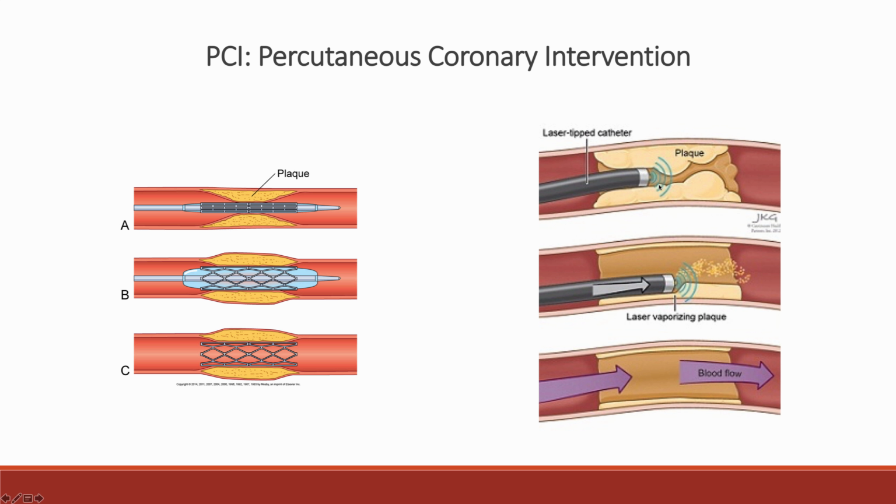The other things that we can do, we also have other toys that we can use, like directional atherectomy and ultrasonography that we can look at things with. There's also laser atherectomy. Sorry, I couldn't remember the name. Laser atherectomy and other kinds of atherectomy devices that we can actually use to chop away the parts of the plaque. Now, it turns out these sound like they're really cool and they sound like a wonderful thing, but they're not actually as good as you would suspect.